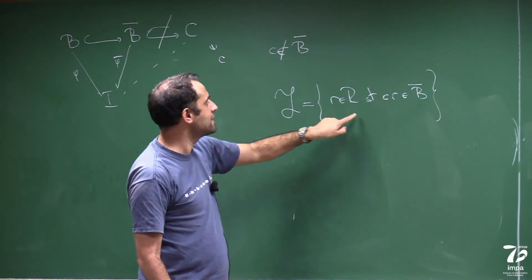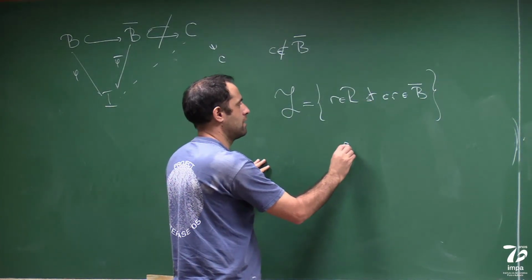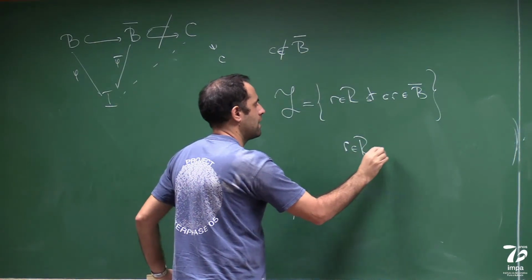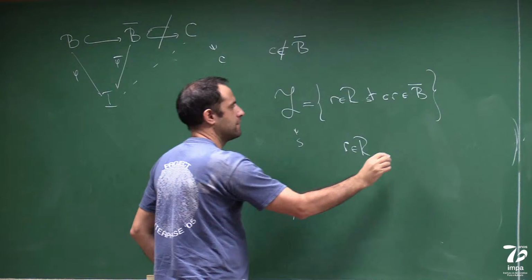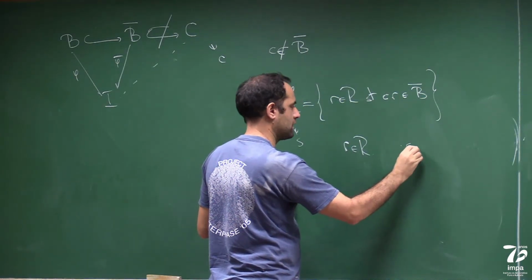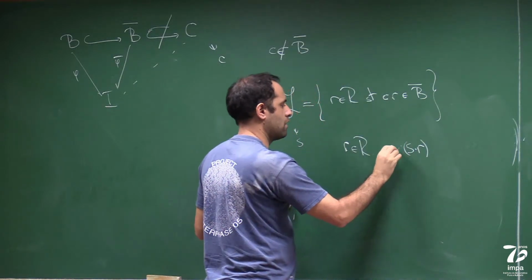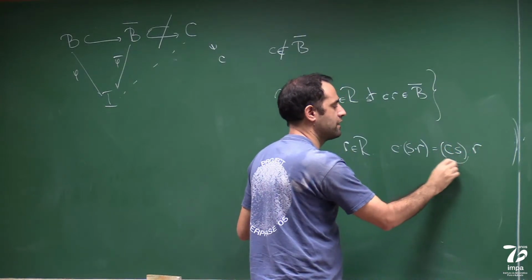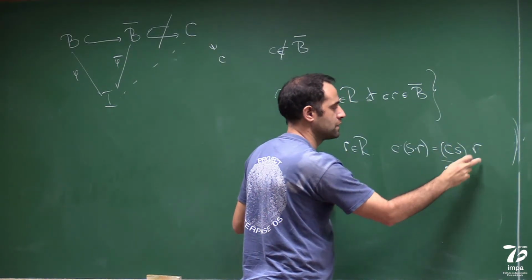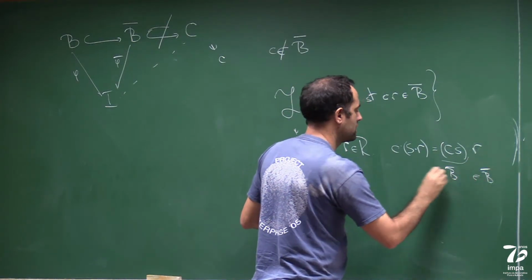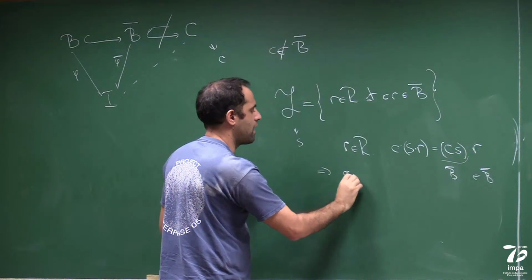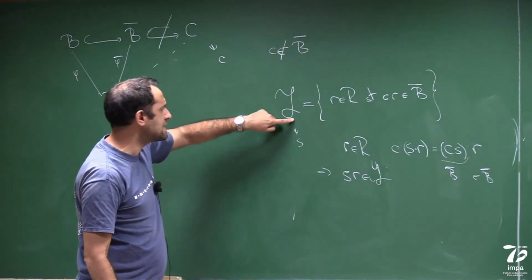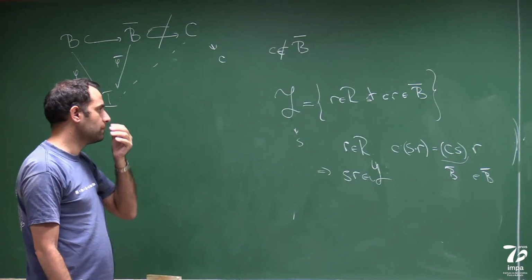And if I have r in R, and let's say s here, then s times r on c is equal to c s r, and this guy here is in B bar. So this means that sr is in this set. So this is a right ideal. Okay.